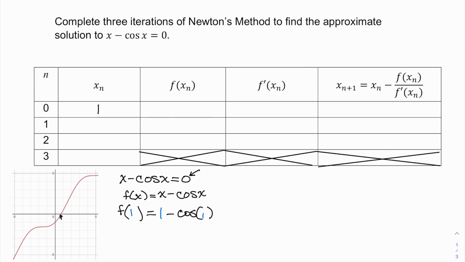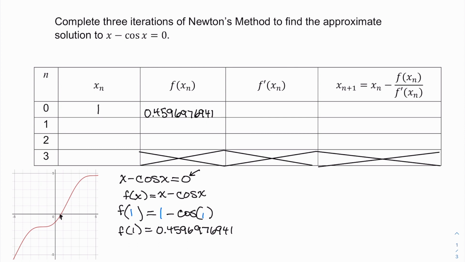Make sure you set your calculator in radian mode, and when you calculate 1 minus the cosine of 1, you'll get 0.45969766941. And that's what we will put in our table right underneath the f of x sub n.